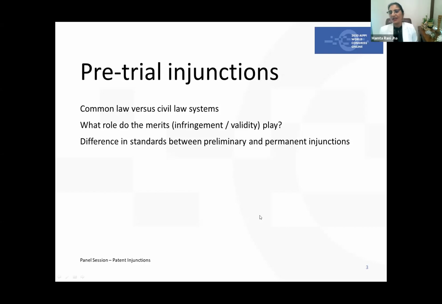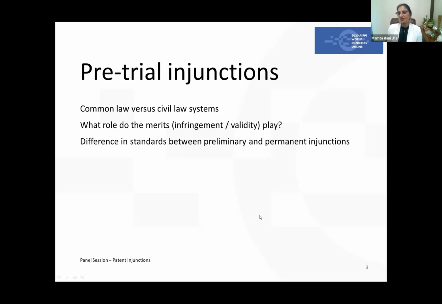The merit of the case becomes very pivotal, and both parties submit their best evidence at the time of contested PI and file all the documents and all the expert evidence, and there is a substantial hearing to determine whether the PI has to be granted or not.